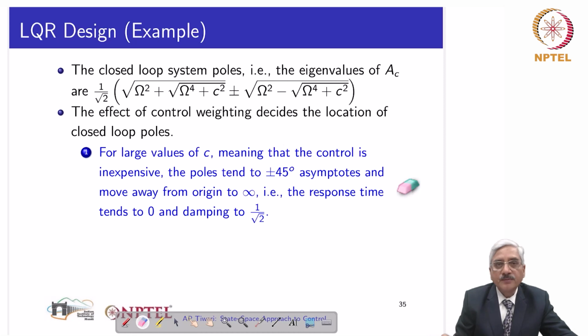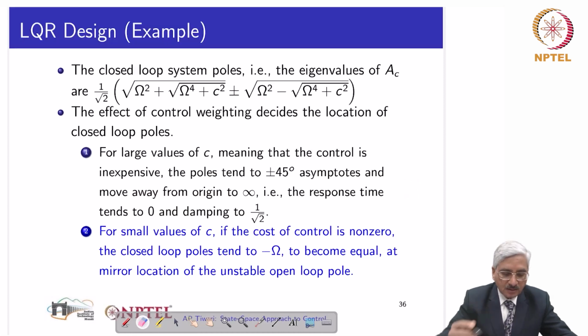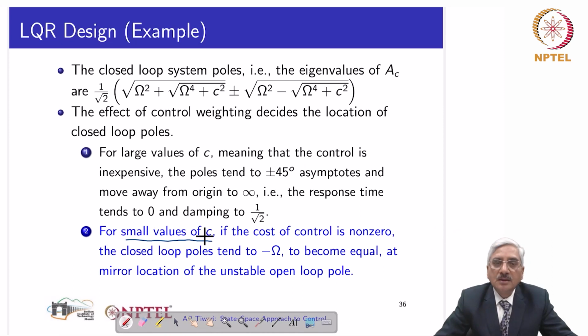The other thing is, if C is small, meaning that control is costly, some cost. If the value of C is very small, then the control is very costly.